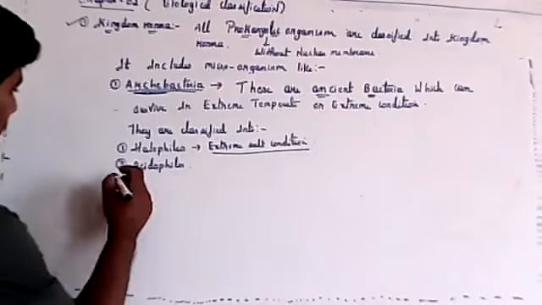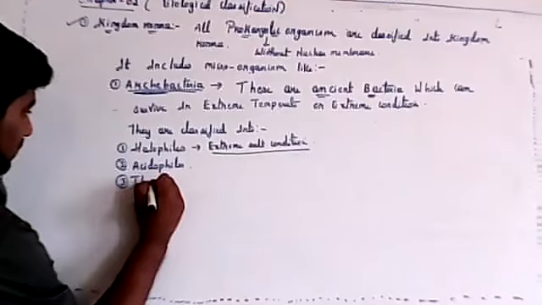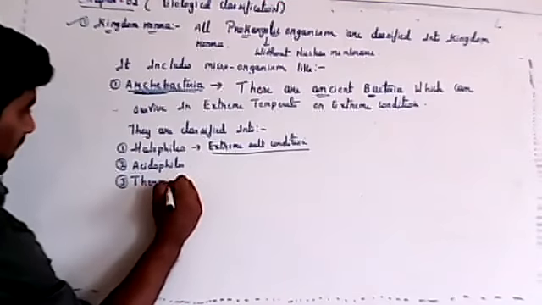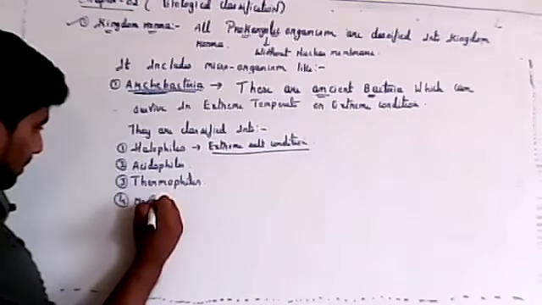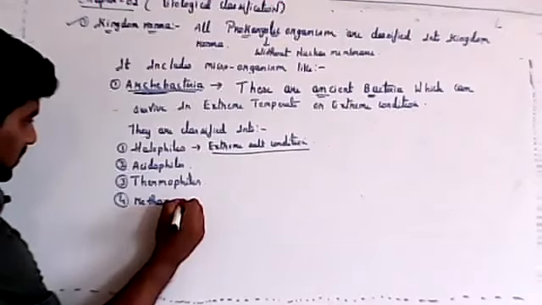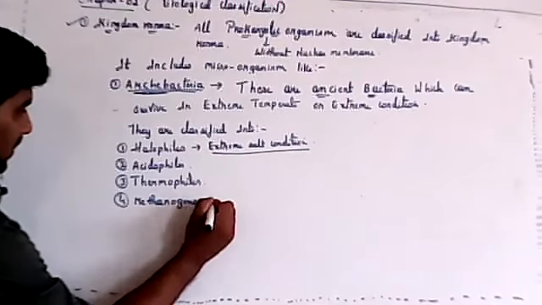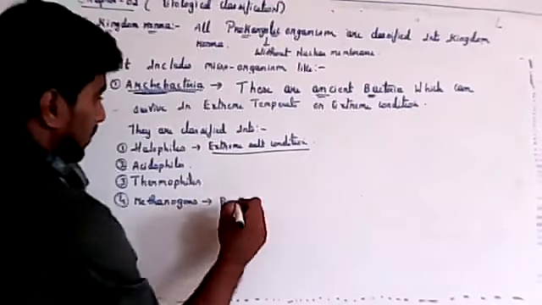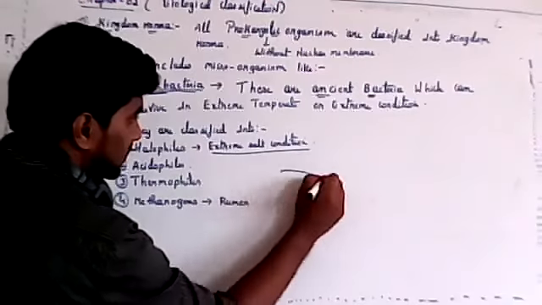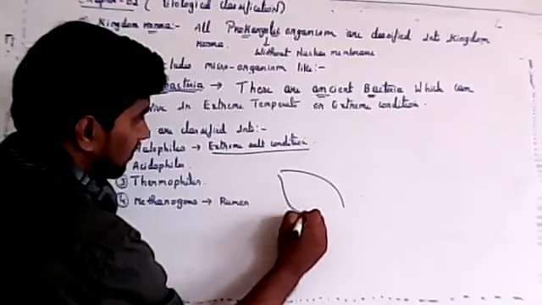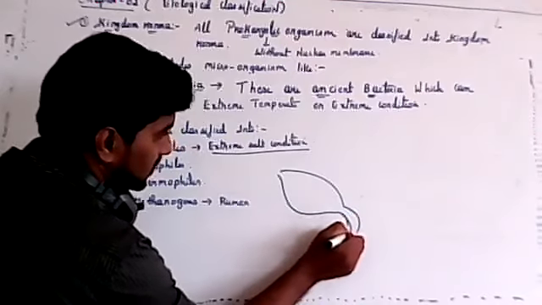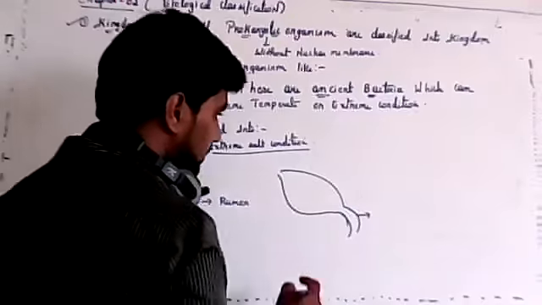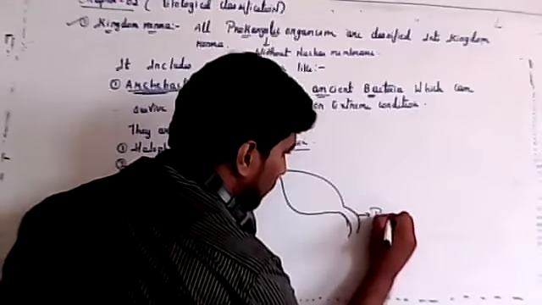The third one is thermophiles, which can survive at extreme temperature. The fourth one is methanogens. Usually methanogens are present in the rumen of cattle. The rumen is the area next to the stomach in cows and buffaloes, from where the small intestine starts.